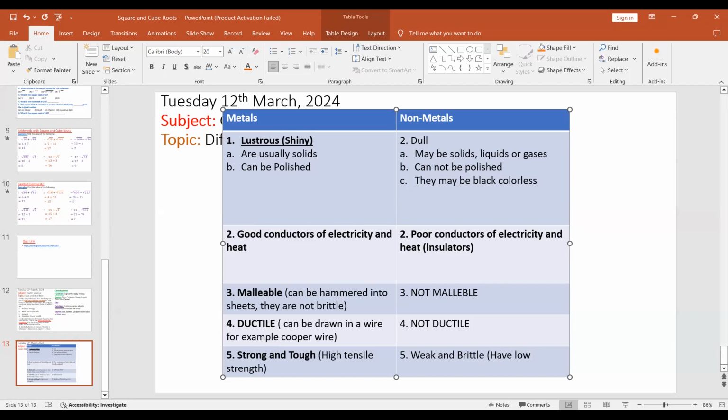And they last long. Non-metals have a low tensile strength. Good. So these are the differences between metals and non-metals.